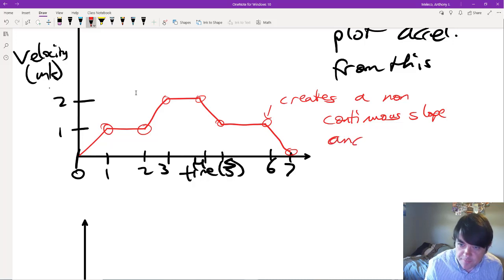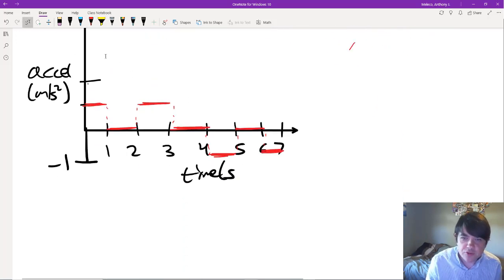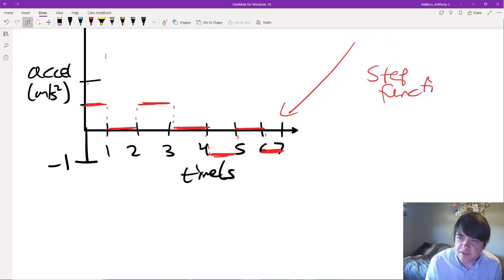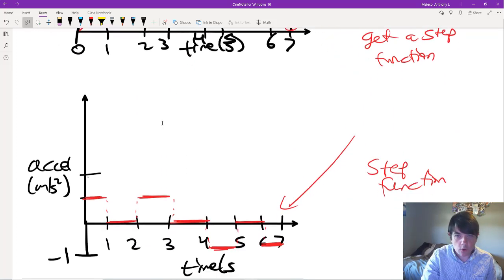And so we get what's called a step function. These are called step functions, and it's because they look like steps. They're non-continuous lines, so you don't actually connect these, technically. I don't want to get too specific on it, but essentially that's how it would work.